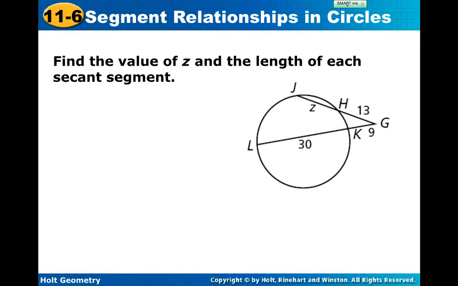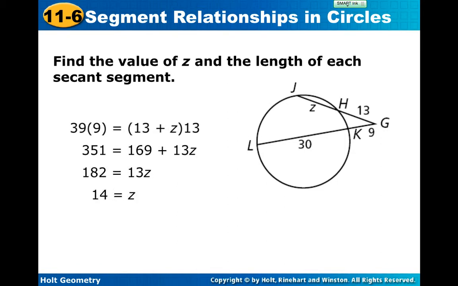All right, the answer's here. z was 14, so your lengths were 39 and 27.